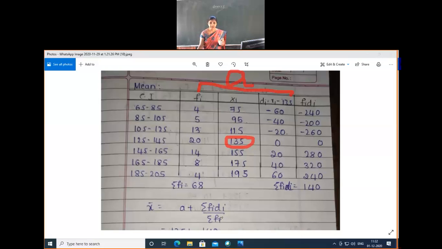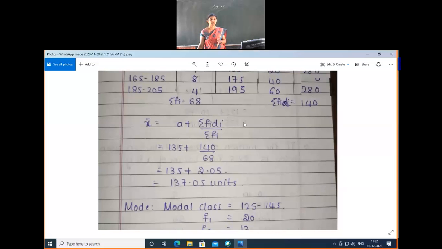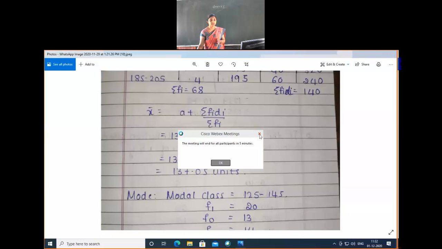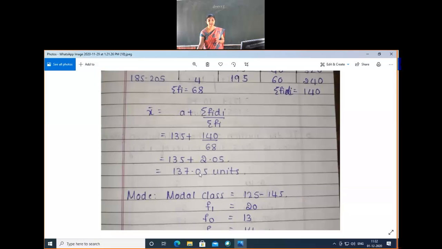Now, which formula? For the assumed mean method, the formula is x bar is equal to a plus sigma FiDi divided by sigma Fi. Is that clear? So we have to add this assumed mean. To reduce the step, we removed 135 from each observation, so at last we have to add it back.